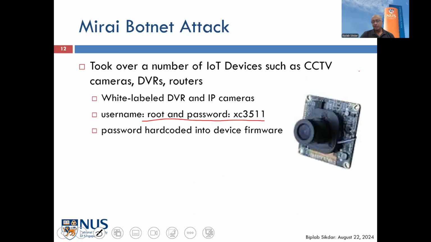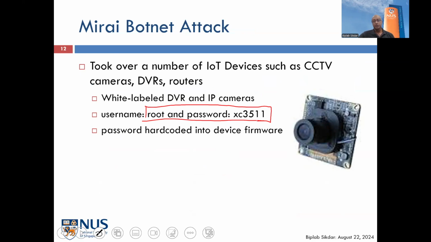As we will see in just a bit, there are a lot of different reasons because of which our IoT devices are vulnerable. In this specific case, one of the reasons was that many of these video cameras are shipped with a default root username and a password.